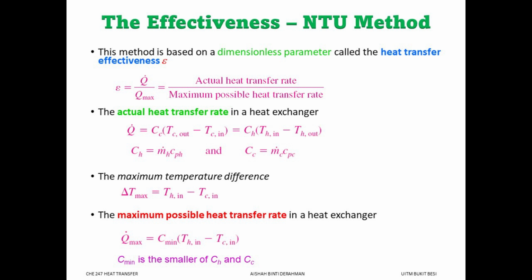Therefore, Qmax, or the maximum possible rate of heat transfer in a heat exchanger, is calculated as C min times the delta T max, or T hot in minus T cold in.